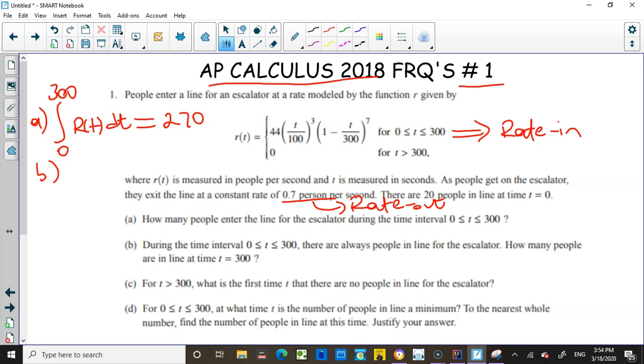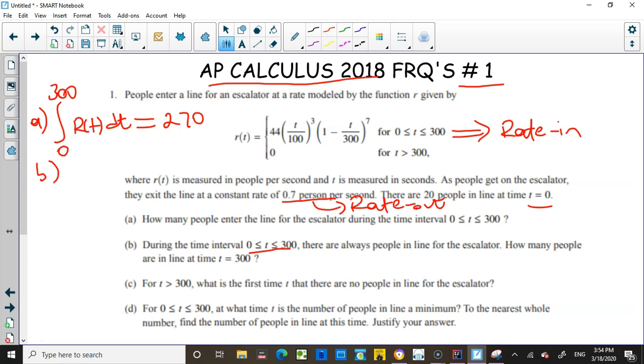All right, let's move on to part B. It says that during this time interval there are always people in line for the escalator, because we know there are 20 people already in line at t equals 0. So how many people are in line at time t equals 300?